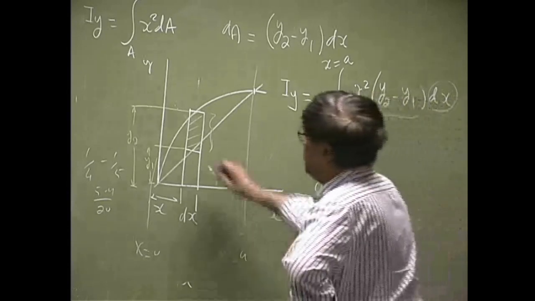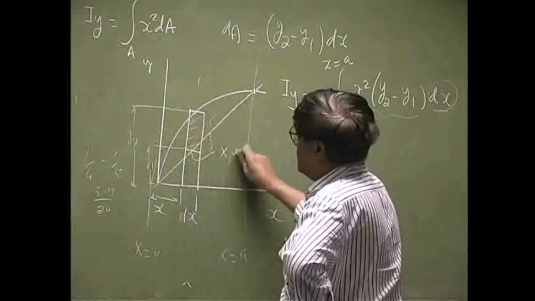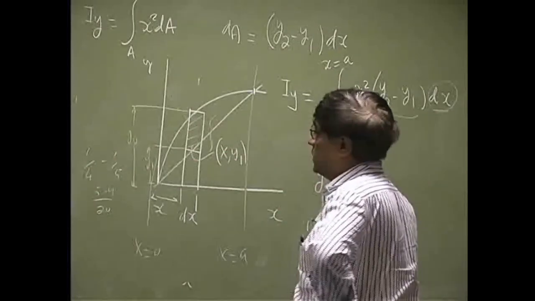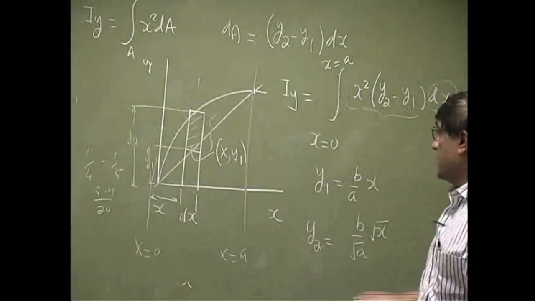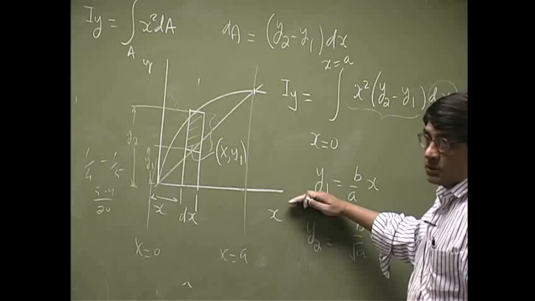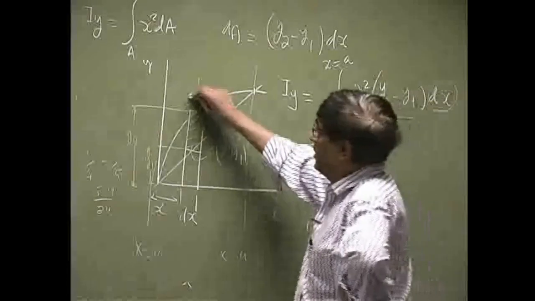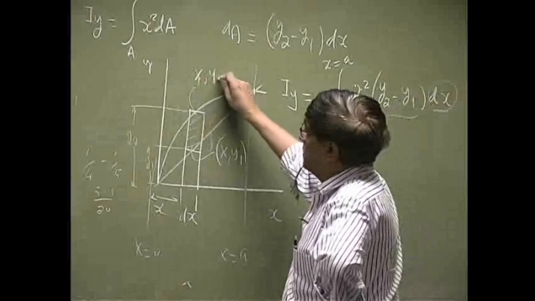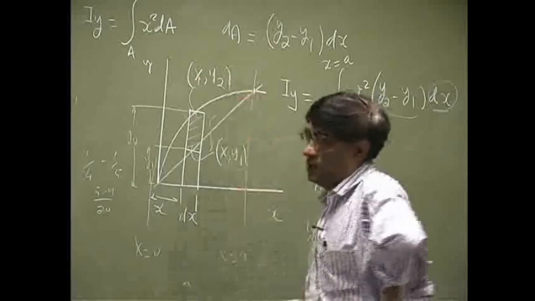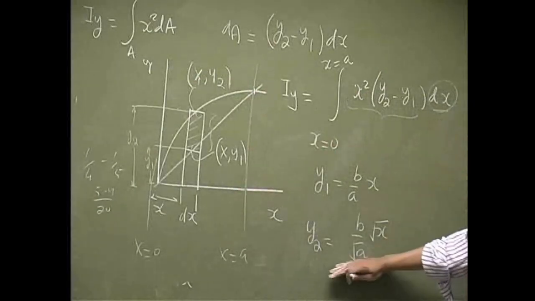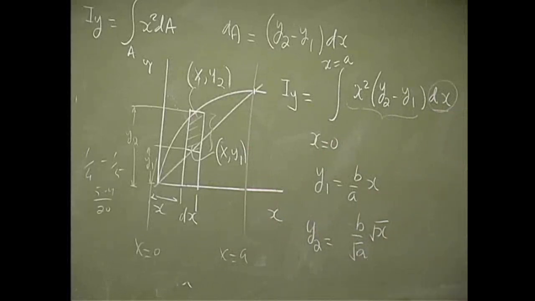Because this point is (x, y1), it should be on the equation of the straight line that gives you the relationship. This point here is (x, y2), so that has to be on the equation for the parabola.